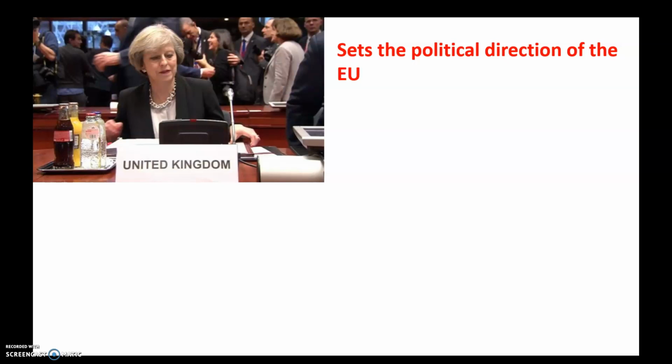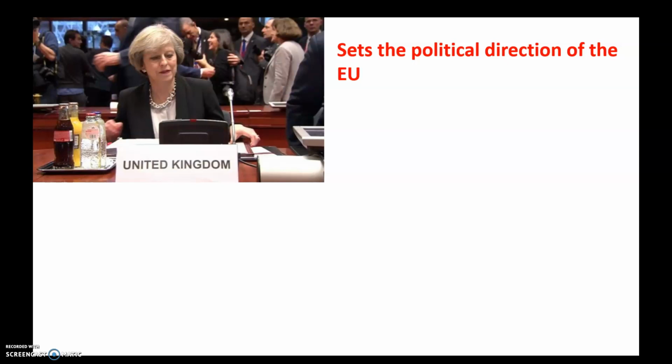So it sets the general political direction, which then informs the European Commission what type of regulations or directives might be required. So if they decide that they want to integrate more of the financial industry across the EU, then obviously that sends a message to the European Commission that they need to look at how they can do that.